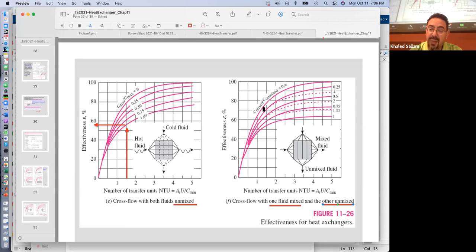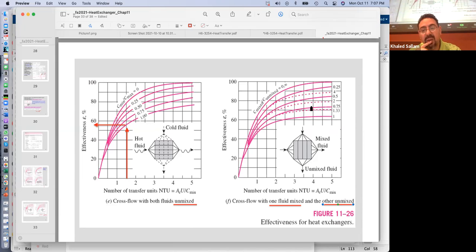And again, this one is super easy. Both of them are basically having exactly the same one. One of them is doing phase change, and it doesn't matter which one is doing phase change, whether the steam is on the outside or the inside. It's basically those guys.